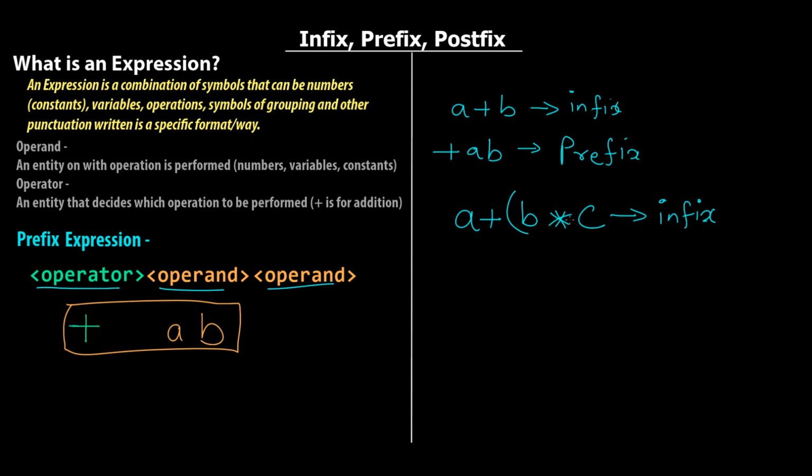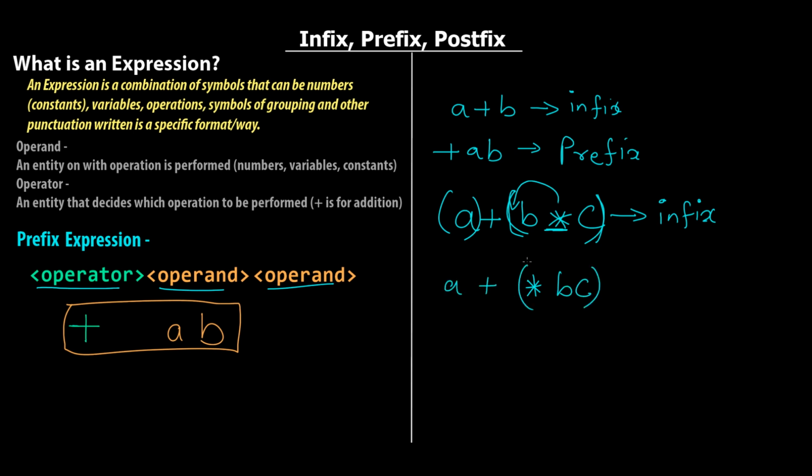So b star c should happen first, and then that should be added with a. When converting this to prefix, we take the smaller expression first because it is evaluated first. The operator comes before b and c, because for star the 2 operands are b and c. So it would be written as star b c, and then we have a plus and a.